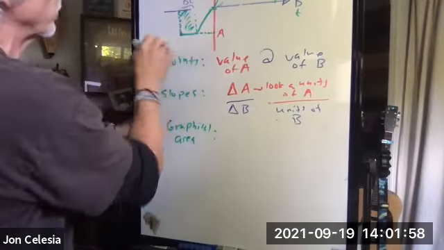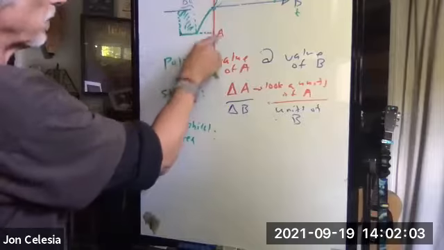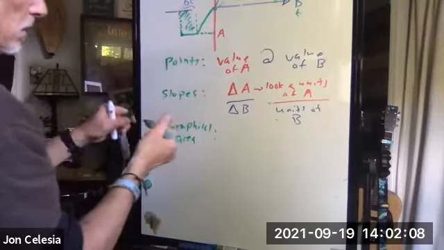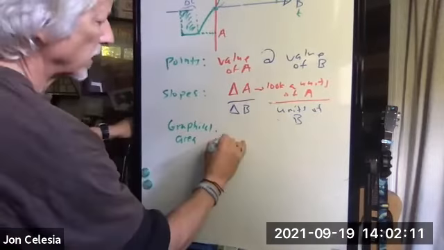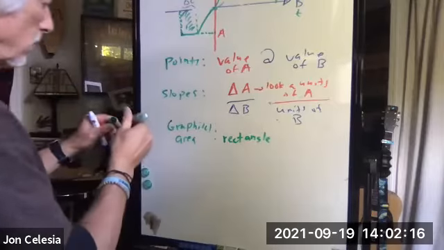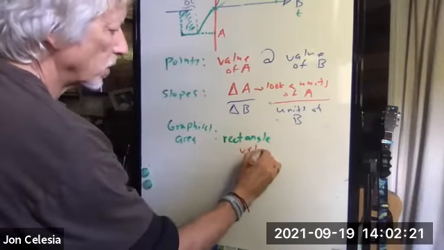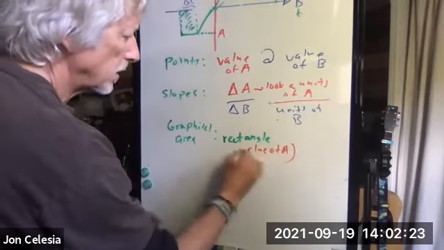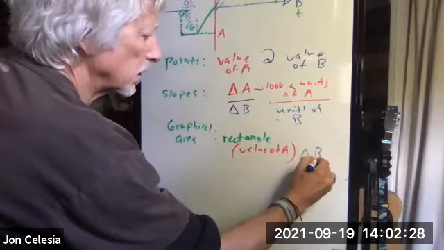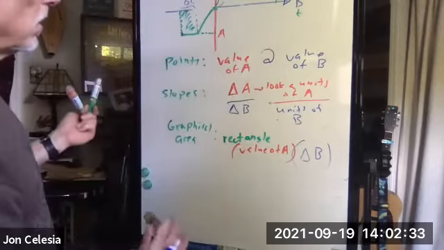this graphical area. First, it's below the curve, so it'd be negative. And I would get it by multiplying the value of A times delta t. So one thing I could say is that for a rectangle, including a square, the area would be the value of A times the change in B, which in this case is time.